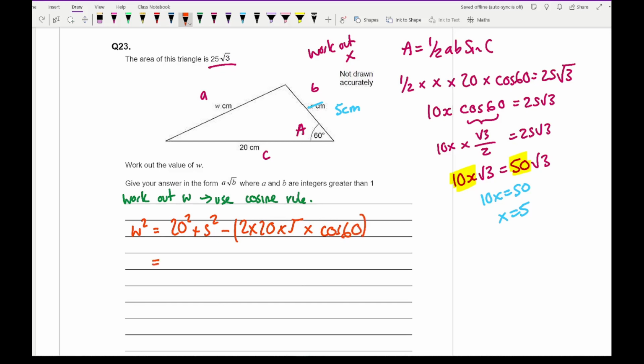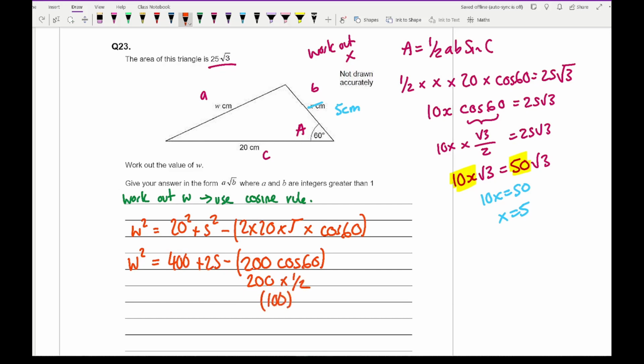So substituting and working out those, I get w squared equals 400 plus 25 minus, and then 2 times 20 is 40, times 5 gives me an answer of 200, and then cos 60. Now cos 60 is a half, so I've got 200 times a half, which is 100.